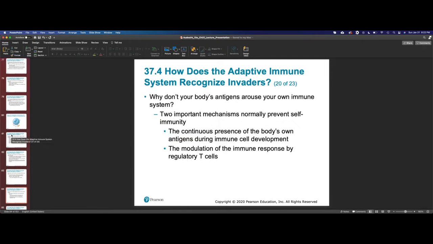Interestingly enough, the B and T cells' ability to recognize self from non-self is the reason why you can't just swap out organs between people. Organ transplants are often rejected.